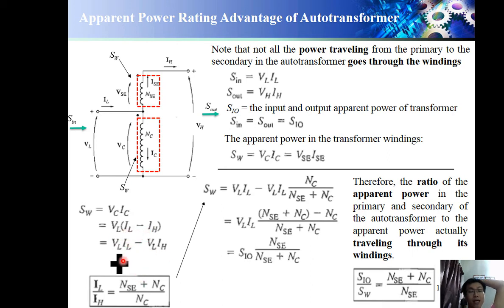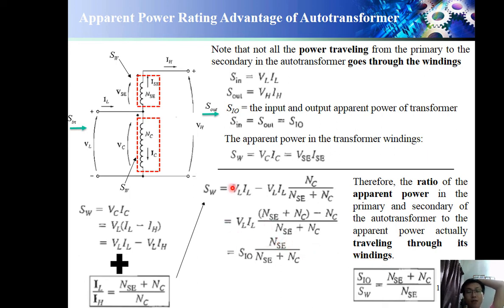Then I use this equation and substitute it into here. Then I found that the winding and input-output apparent power are related by this ratio. So therefore, the ratio of the apparent power in the primary and secondary of the auto transformer to the apparent power actually traveling through its winding.